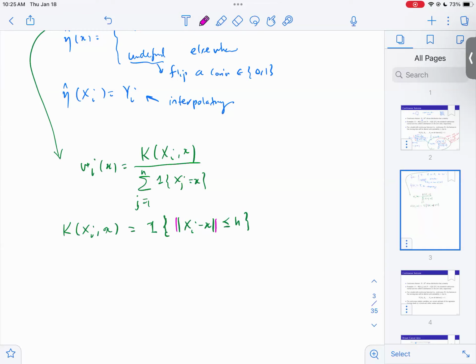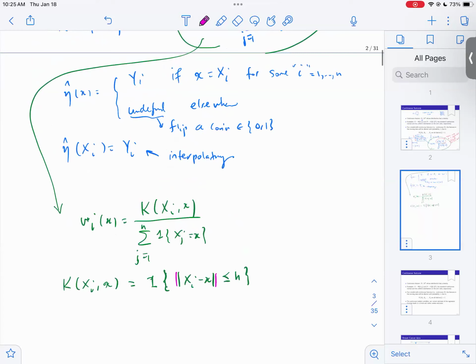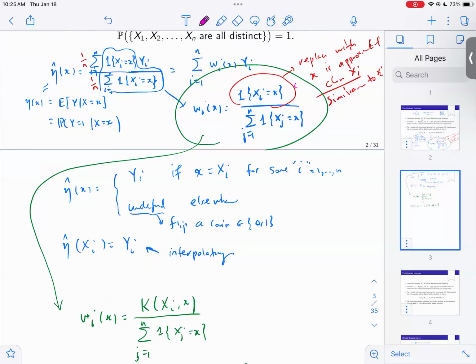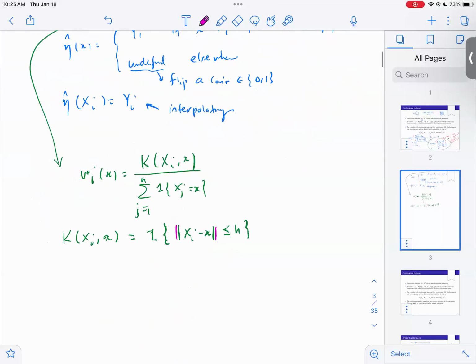Otherwise, it's 0. This is very similar to before, except that I'm allowing a tolerance of h. If you're within h of a training data point, this is going to be 1. It's not going to be exact, but if I expand my wall, it's going to contain a lot of these points. Then averaging kicks in because now I probably have many training points, hopefully within a band of size h.